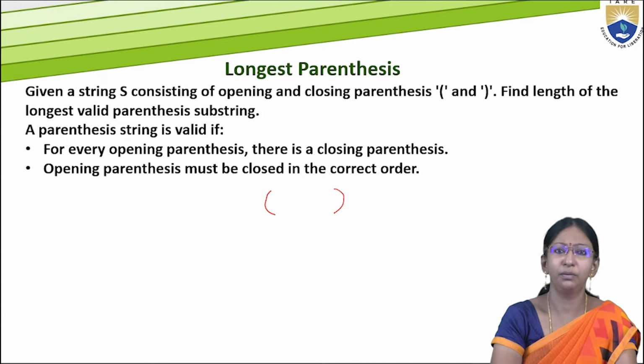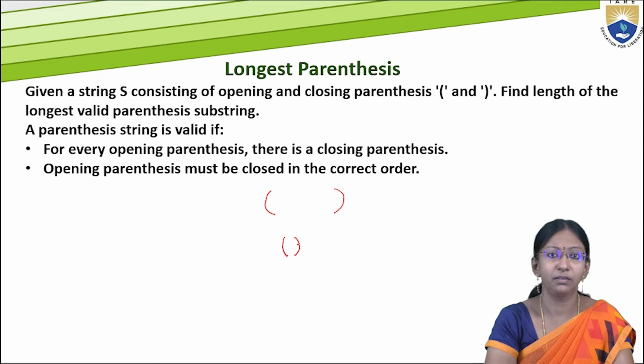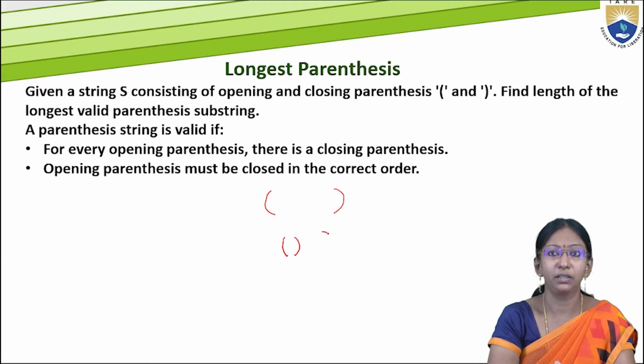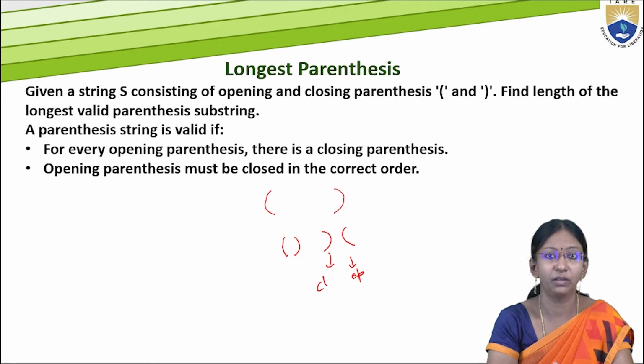Basic common sense says that an order of a left parenthesis occurring first, followed by a closed parenthesis, is a valid one. You cannot expect a closed parenthesis ahead of an open parenthesis. That is what the first point is saying.